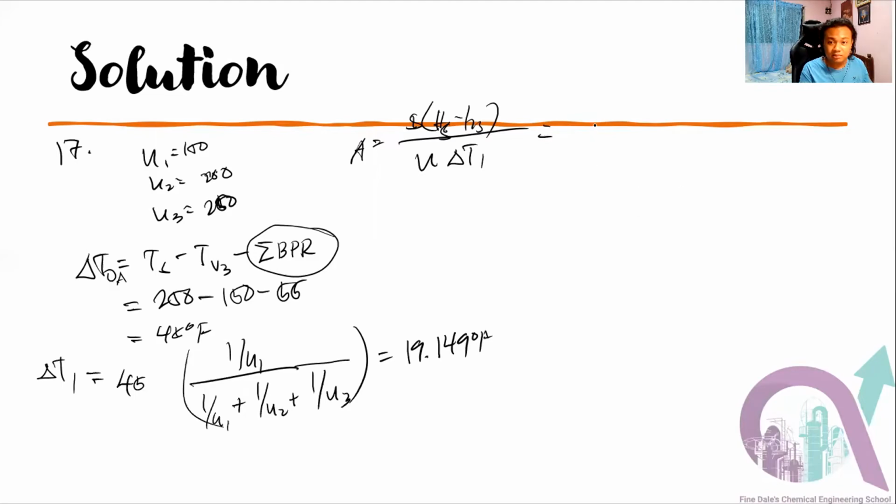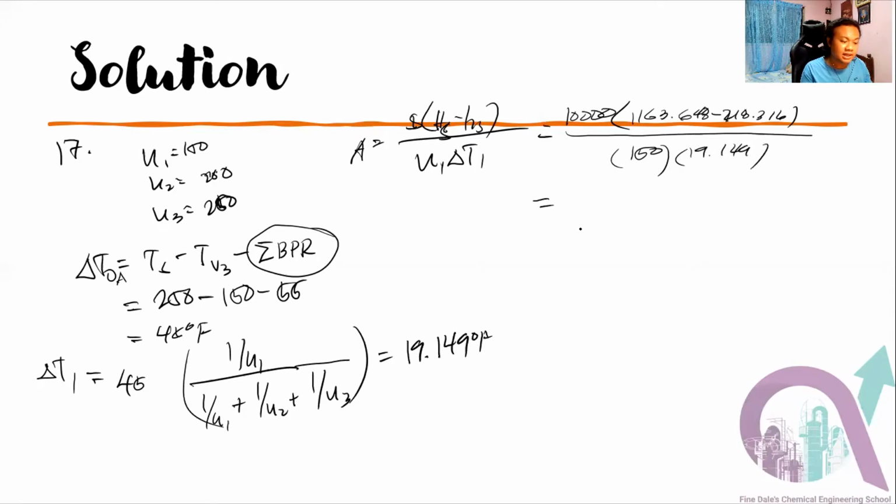This is what I got from Perry's: 3.648 minus 218.316. This is U1, which is 150, times 19.149.